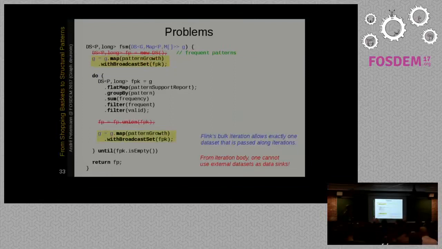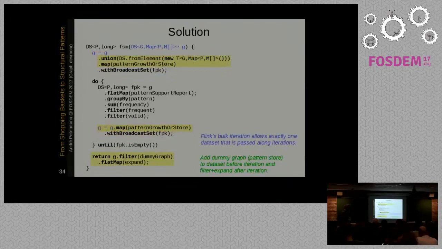For the first one, the k-edge frequent patterns, there's a quite simple solution. We just pull it out of the iteration and instantiate the set of k-edge frequent patterns inside the loop, so we can avoid the external access. But this does not work for the union operation and our data set collecting all the frequent patterns of all iterations. This is where we use a very hacky approach.